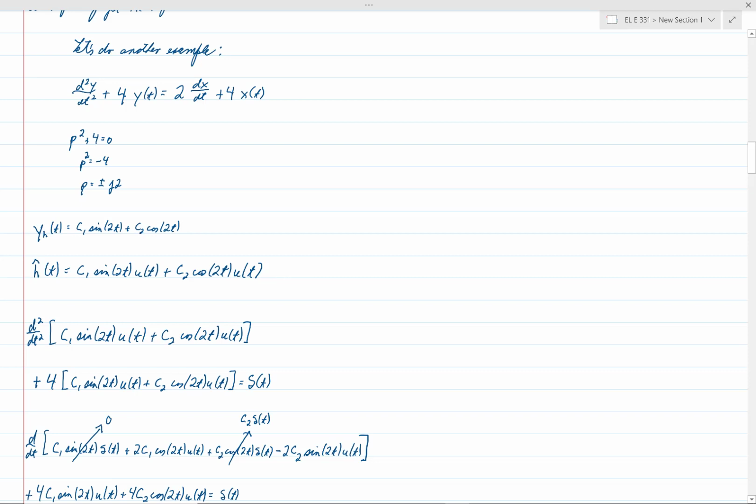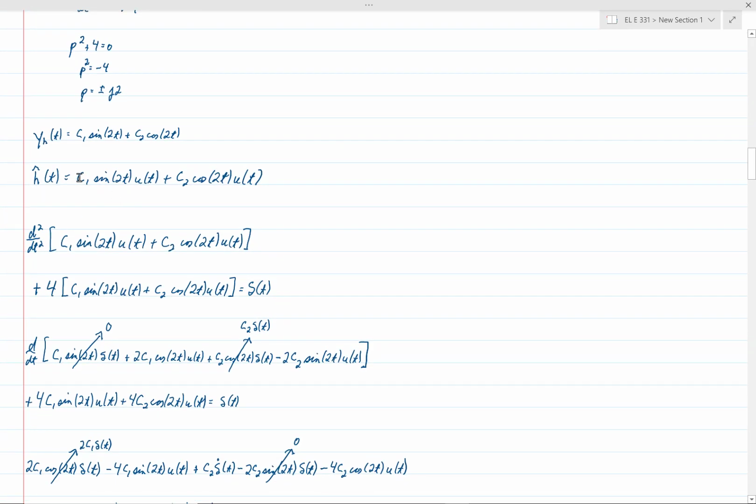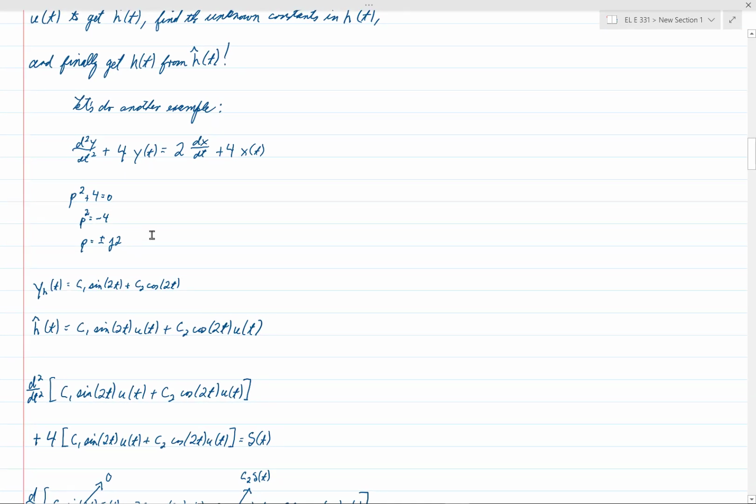And then we want to find those constants. And we find those constants by substituting h hat of t back into the system equation, but it's not quite this system equation, it's the system equation for the associated system, where we replace all this stuff on the right-hand side simply by x of t.